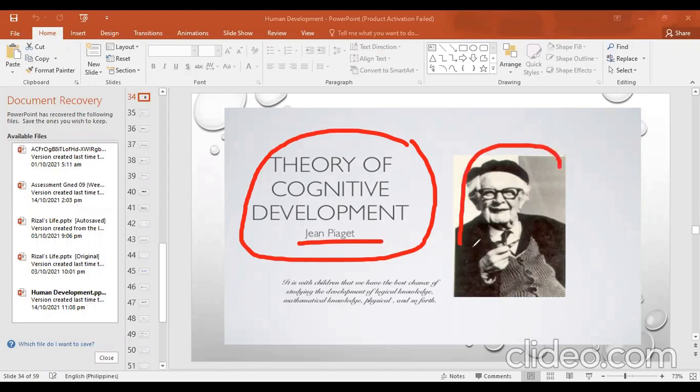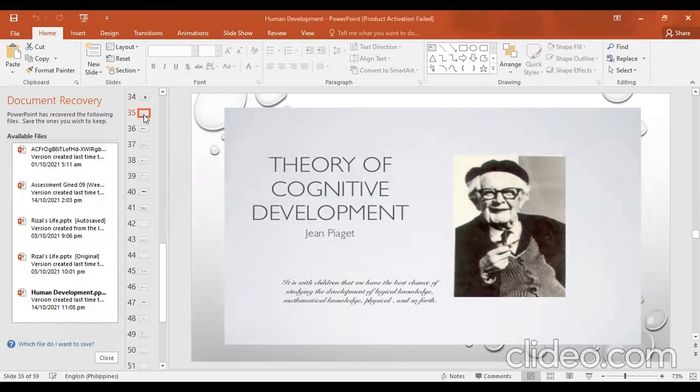So si John Piaget din also ay pioneer in the field of children education. Yan, pag-uusapan natin yung stages according to him, like sensory motor stage, pre-operational, concrete operational, and also yung last one we have formal operational.